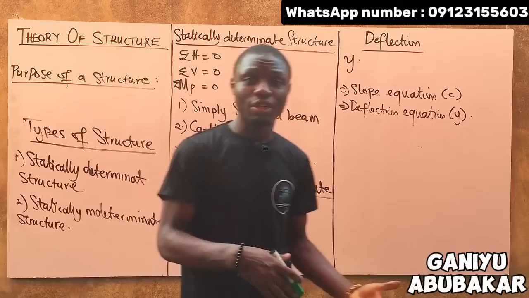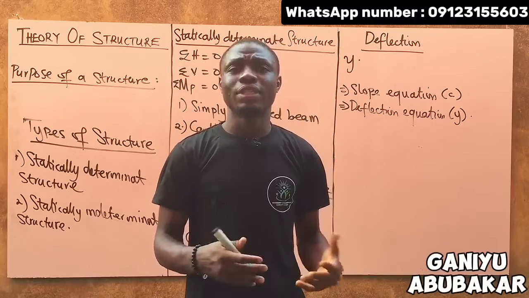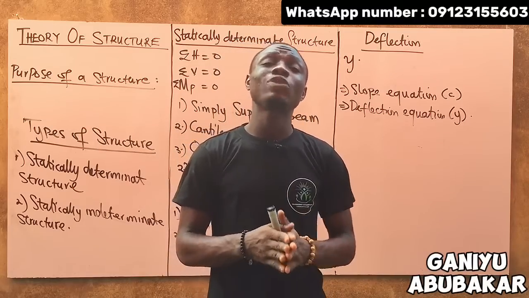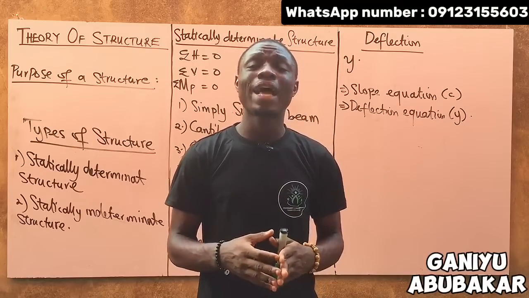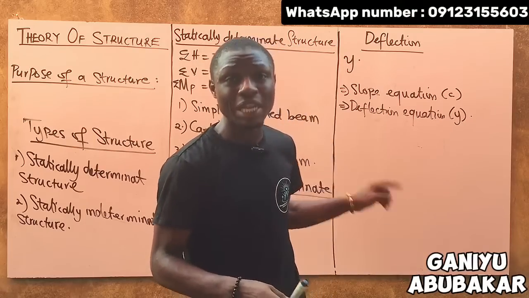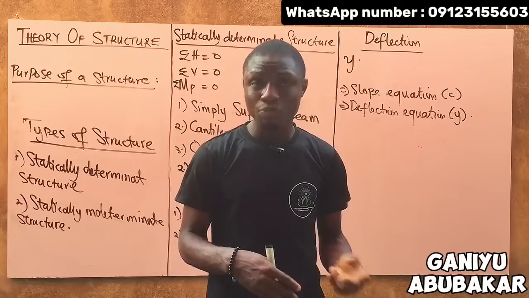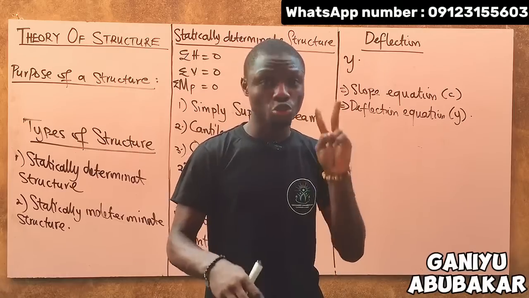Of some beams, right? So I want you to know that there are actually three distinct ways or methods of solving or deriving the slope equation and deflection equation. Three methods, but I will introduce to you just two, right?